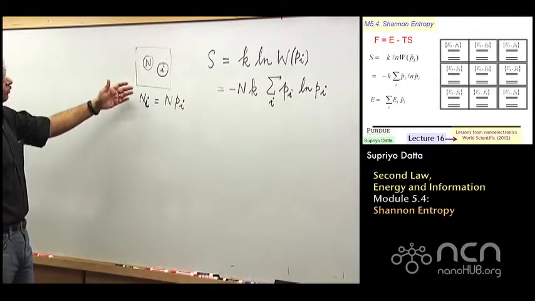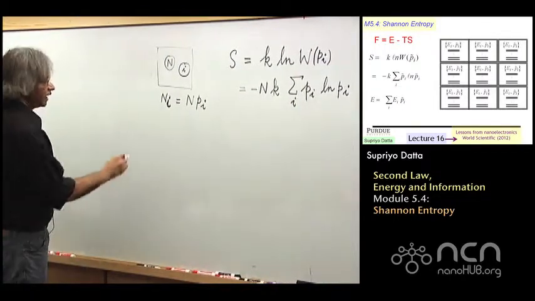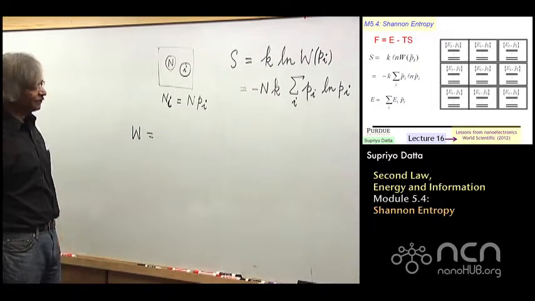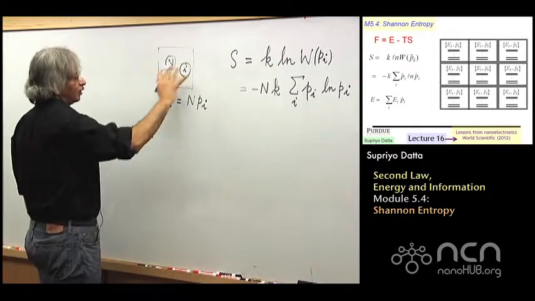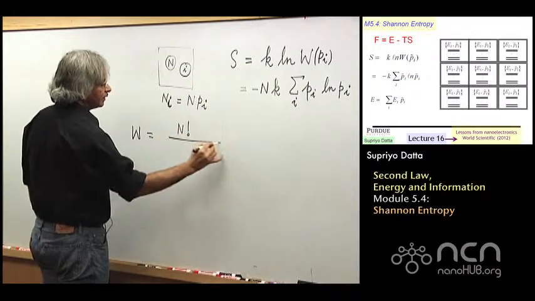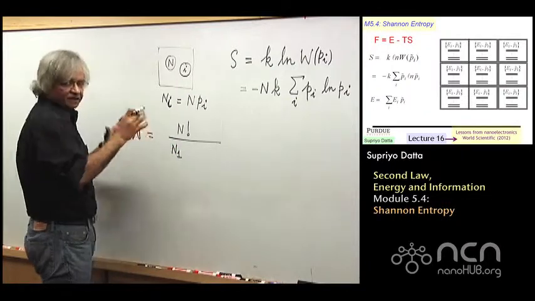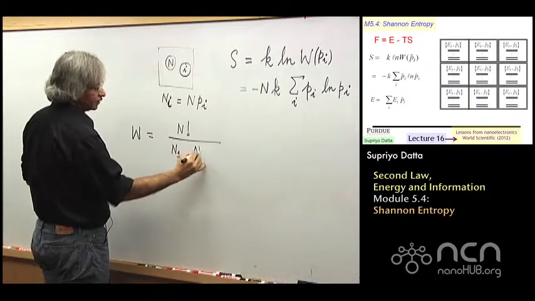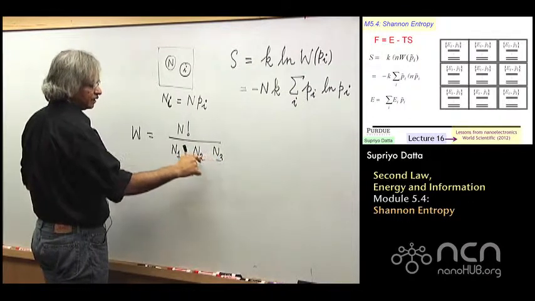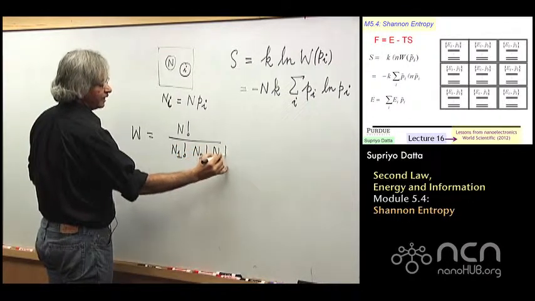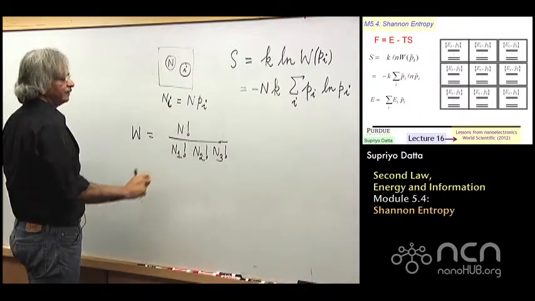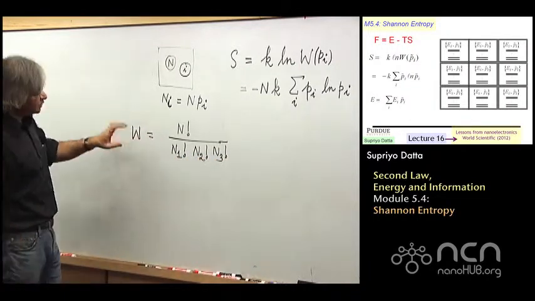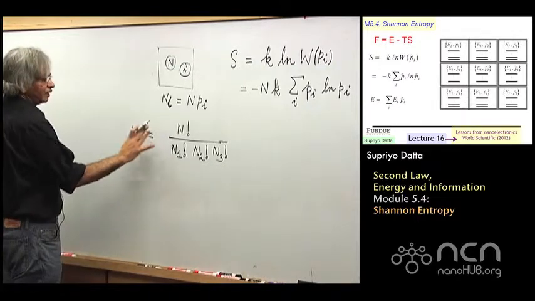Okay. Now, overall then, if you wanted to write W, how many states are available, that is where you can use this standard combinatorial principle, which says that, well, if you have n objects and n1 of them are the same, they're the ones in which the system is in state 1, n2 of them are the same, and n3 of them are the same, these are all the various i's, then the number of ways you can arrange them is factorial n divided by factorial n1, factorial n2, factorial n3, etc. So this would be what is W. And the question is, how do I find the entropy?